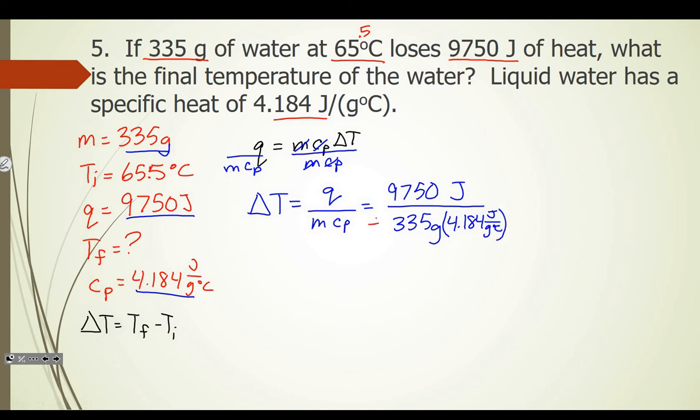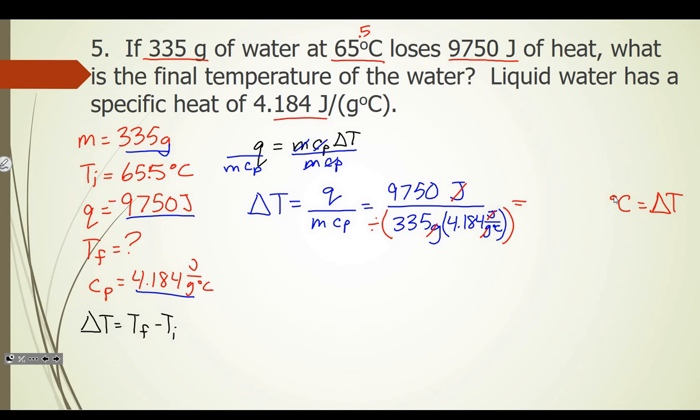Remember again, when you hit the divide sign here, this needs to be in parentheses. Looking at my units, grams cancels, joules cancels. It's 1 over 1 over degrees C, so I should end up with a degree C here that equals delta T. That's not my final answer, though. And if it loses energy, we should be doing something else here. If it loses energy, it means it's giving it off.